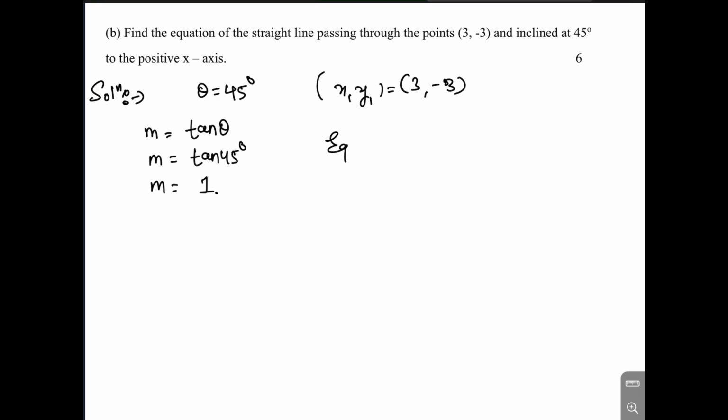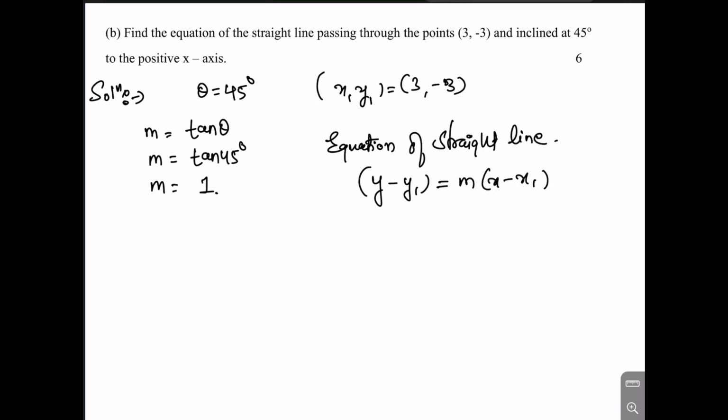Now the equation of a straight line is given by y minus y1 equals to m into x minus x1, I can say here. y minus, the y1 value is here minus 3, m value is 1, x minus x1 value is 3 here.